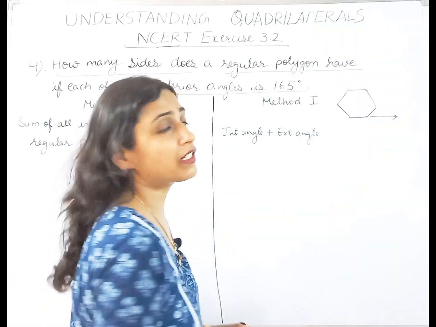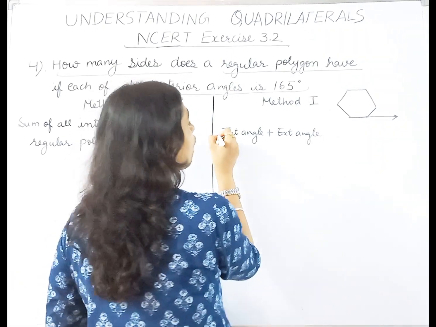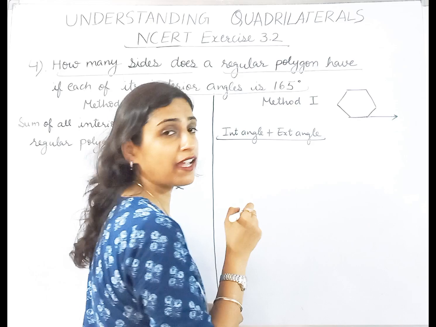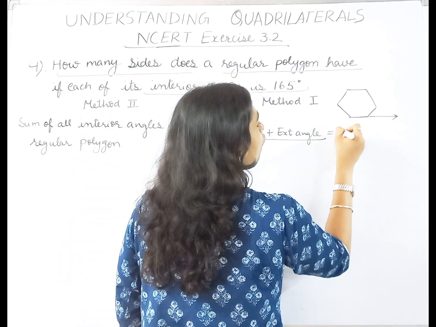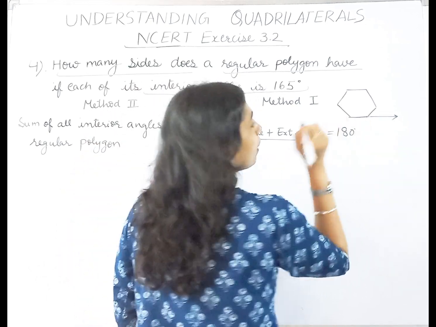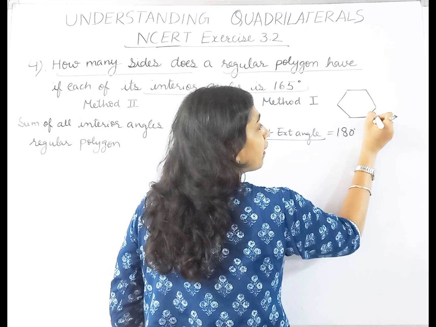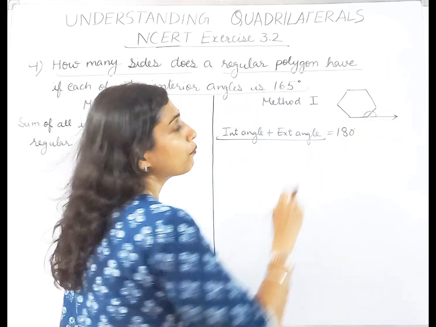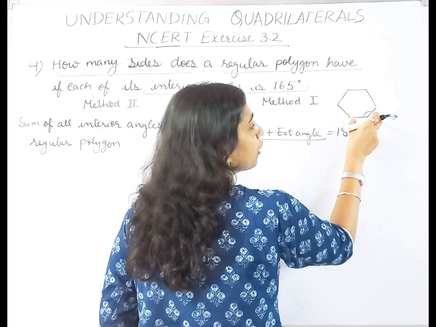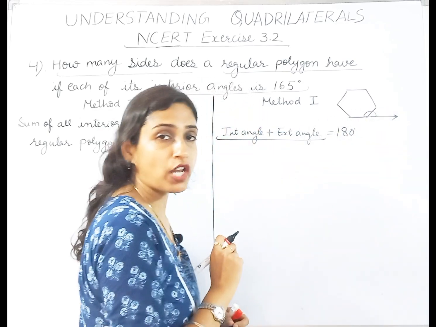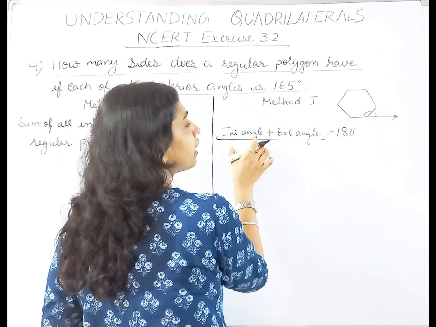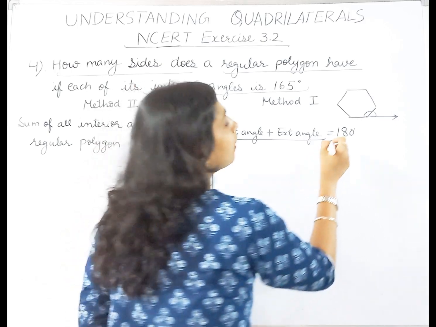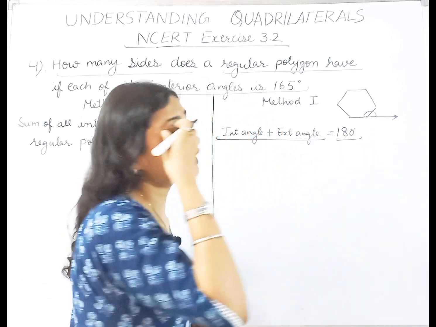The first method is that the sum of interior angle and exterior angle is always equal to 180 degrees, because exterior angle and interior angle always make a linear pair, because the exterior angle is always made on the extended side of a polygon.